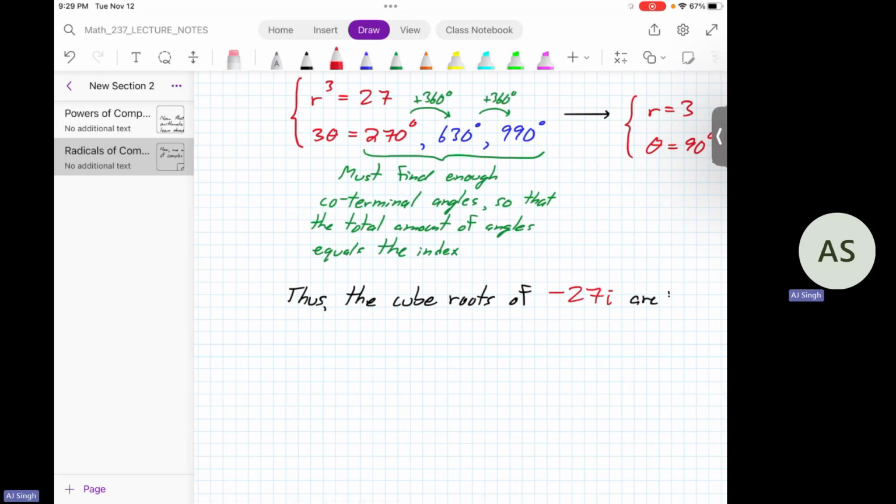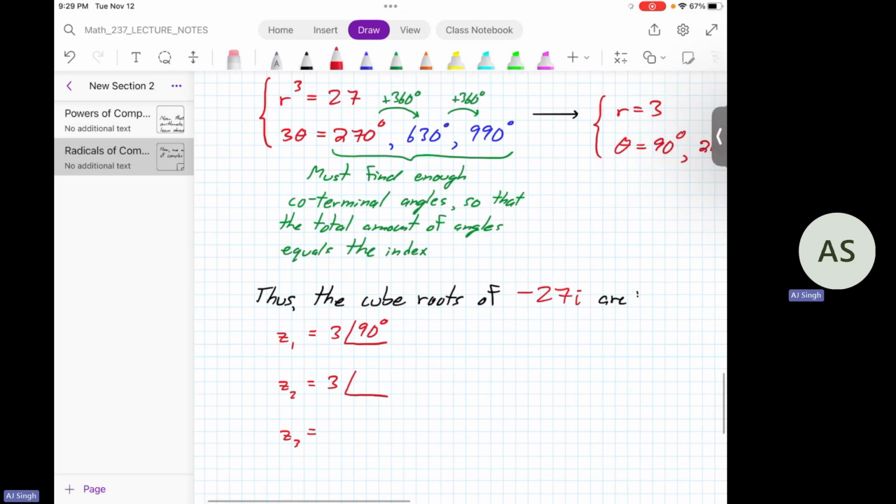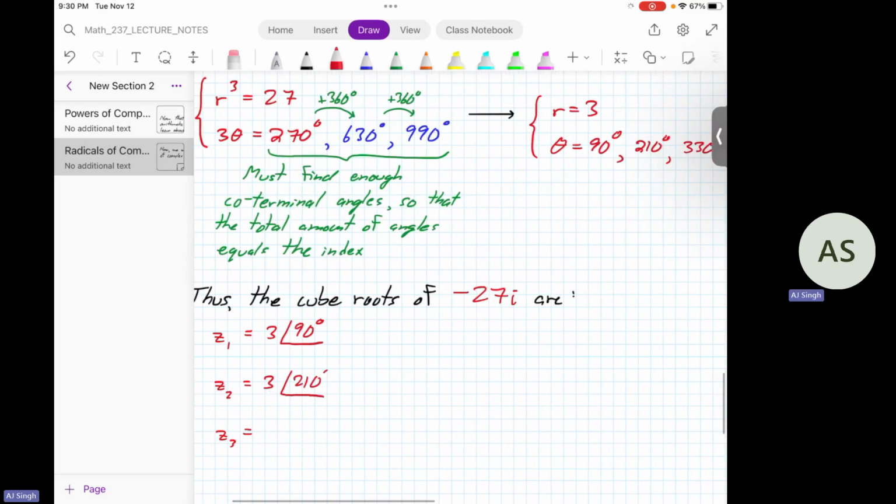Let's call the answers z subscript 1, z subscript 2, and z subscript 3. Why are we using the variable z? It just so happens in complex numbers, when we're giving variables to complex numbers, we use z. That's just how it is. So r angle theta, r angle 210 from way up there in the top right, r angle 330 degrees.